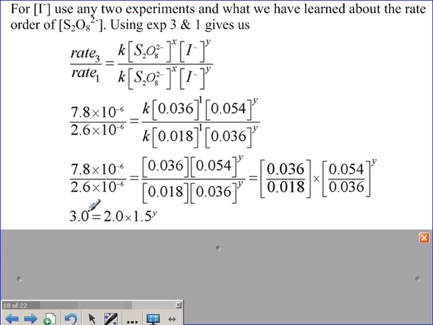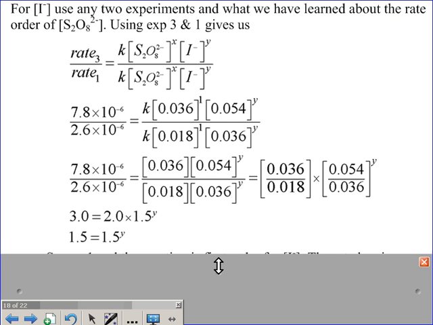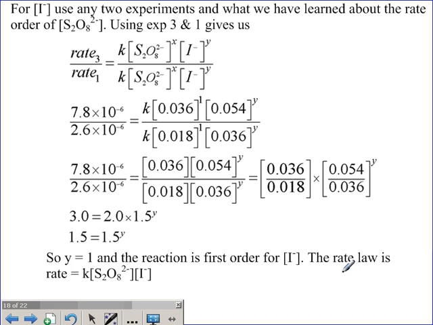So that means that my ratio of rates, which is 3.0, equals my ratio of the S2O8, which turns out to be 2, times 1.5 to the y power. Or 1.5 equals 1.5 to the y power. So y equals 1, and the reaction is first order for iodide. So the rate law is rate equals k times the concentration of peroxydisulfate times the concentration of iodide. Both of them are first order.